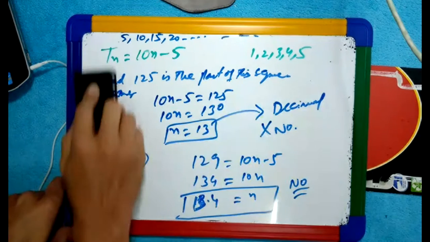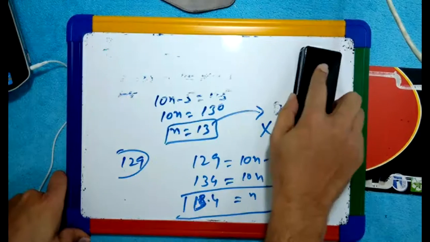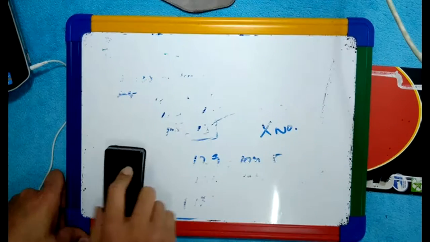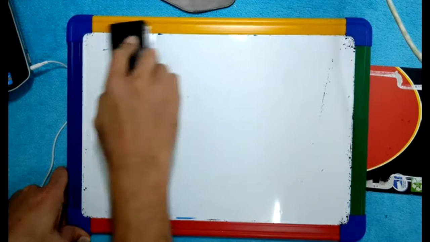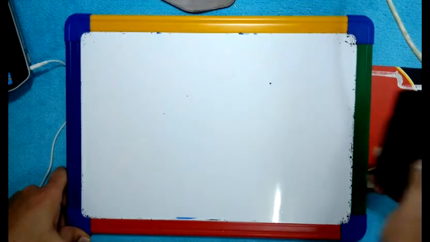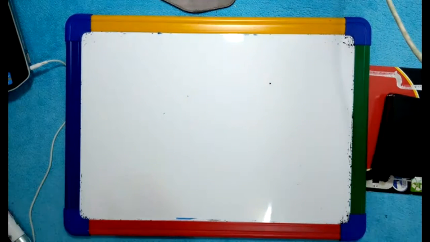Very nice. Sometimes in arithmetic sequence, they give you a word problem. They will not give you the sequence. They will give you only some words and they will say form the sequence.